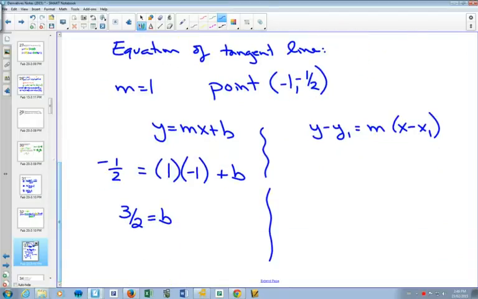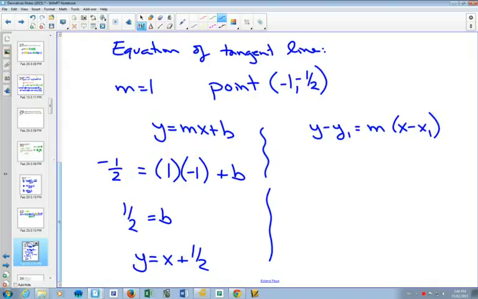So adding 1 to both sides will give you 1/2. That's better? Good. When I miss a negative, please tell me. And so we get 1/2, so we could write this as y equals x plus 1/2. You don't have to write the 1 for the slope. If you wrote the 1 in front of the x, it's not wrong. So that's how you would write it in that form.